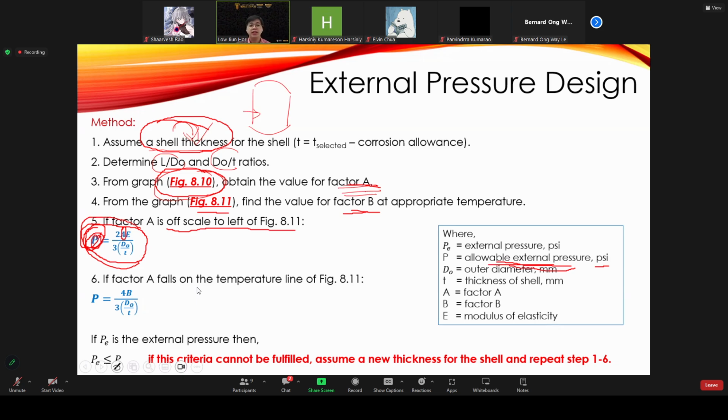This is the meaning of P here. We call it allowable external pressure.